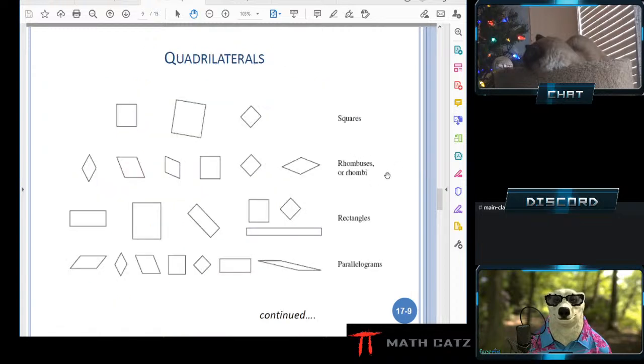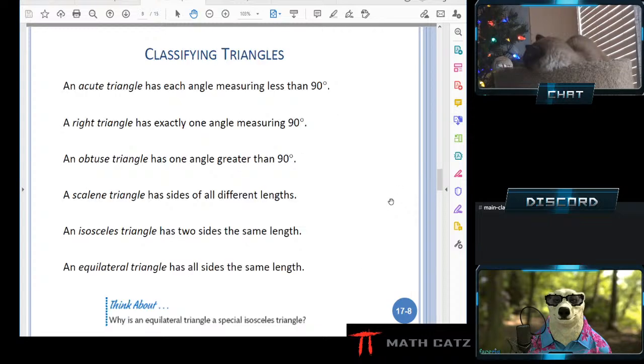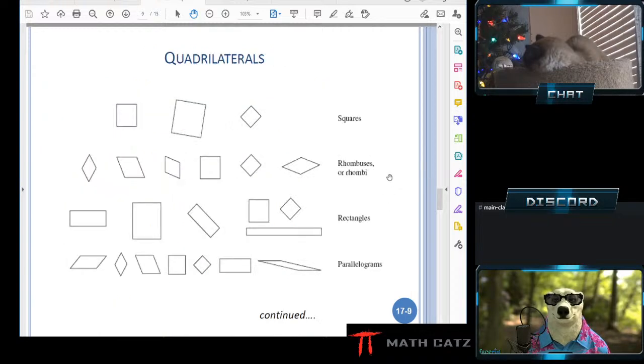When it comes to quadrilaterals, it gets even more fun. But that'll be the last one we really classify in this much detail. So it's only the triangles and the quadrilaterals that we'll go into that much detail on. Quadrilaterals. We have a whole bunch.